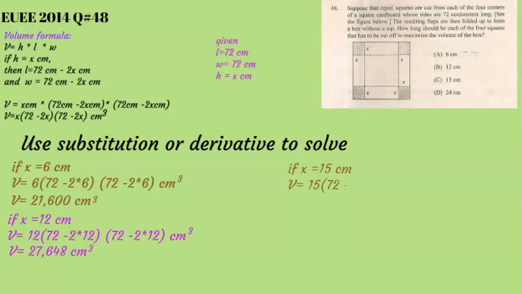27,648 centimeter cube. If x is 15, by replacing x with 15 in the volume formula, you have 15 times 72 minus 2 times 15, 72 minus 2 times 15. So you multiply all three together, and you'll get 26,460 centimeter cube. If x is 24 centimeter, again we do the same thing.